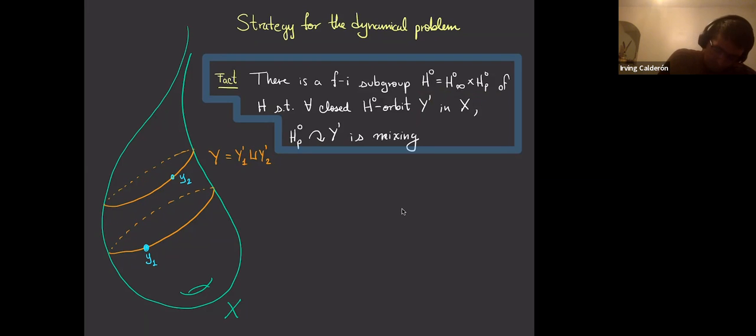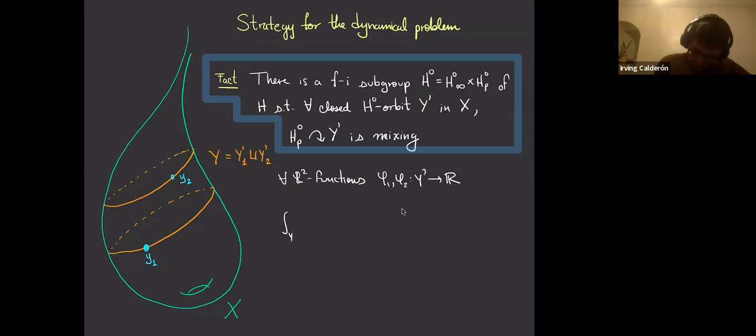So this tells us that for any L2 functions phi1, phi2 on Y prime, the integral of phi1(h inverse y) times phi2(y) will approach the integral of phi1 times the integral of phi2 over the volume of Y prime.